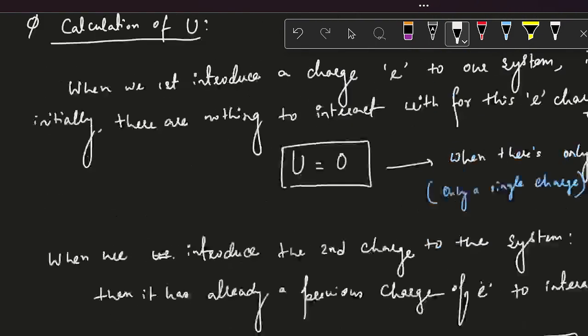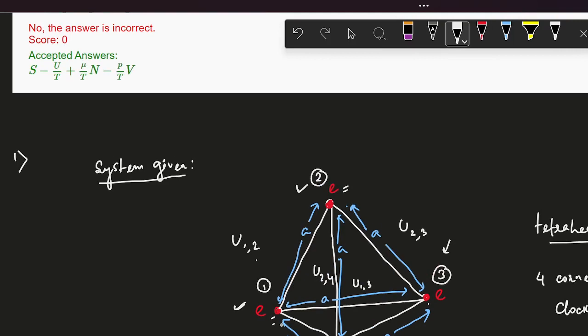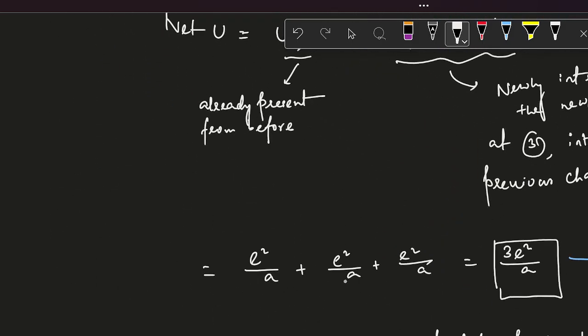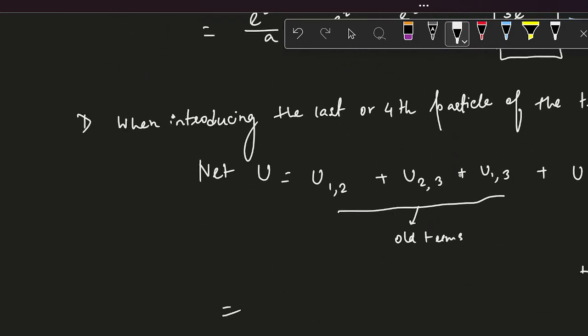But because also in the last case you have similar two charges E and E separated by the same distance A here, here and here also, again each of the terms will have a value of E squared by A. So these three terms are 3 E squared by A, and the last three terms are also similar, each E squared by A. So basically you have 6 terms, each having E squared by A. So this is 6 times E squared by A as a value of energy.